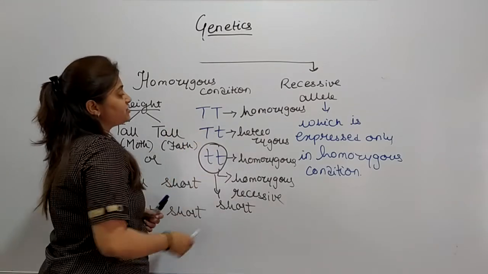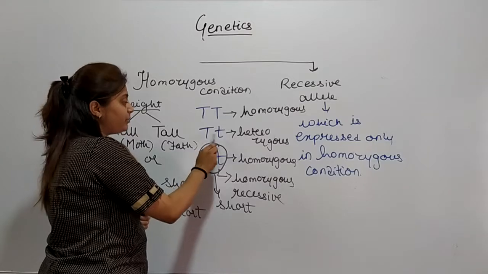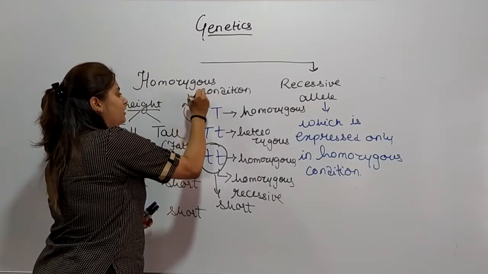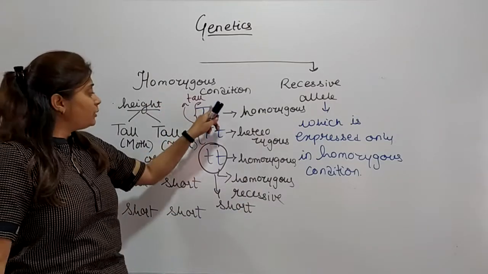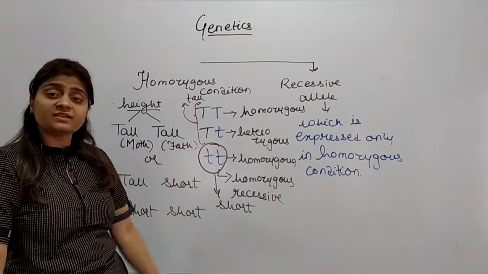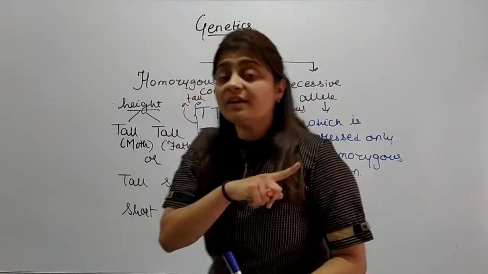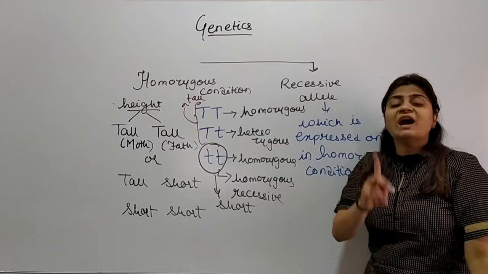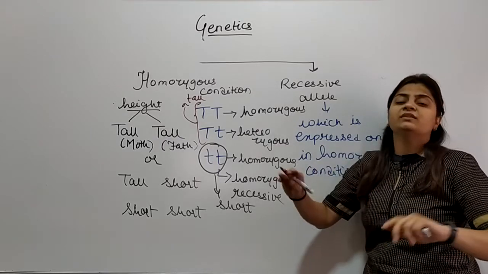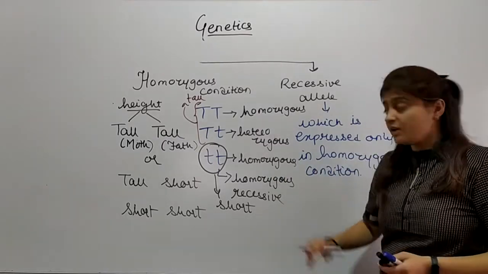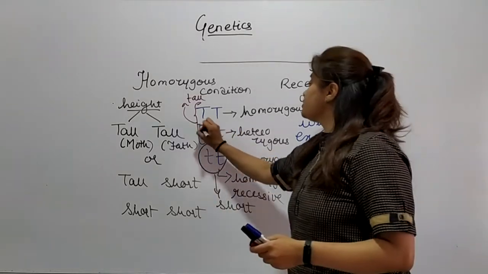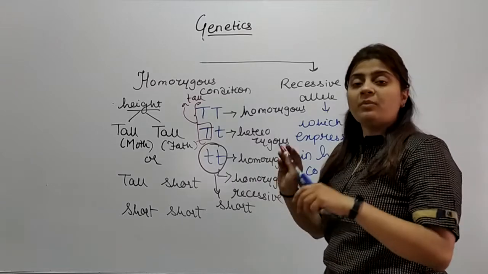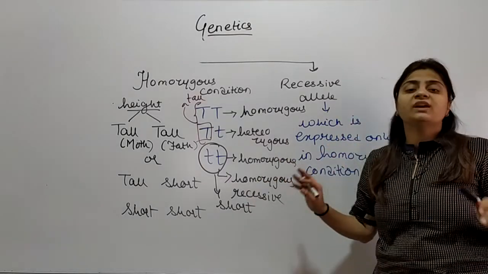Under both of these conditions, that is capital T capital T and capital T small t, the height will be tall. You understand that the height will be tall with capital T, but what about this? Recall the definition of dominant allele: which when present masks the expression of any other allele which is present along with it. So if this dominant allele is present, it will mask the expression of all the other alleles.